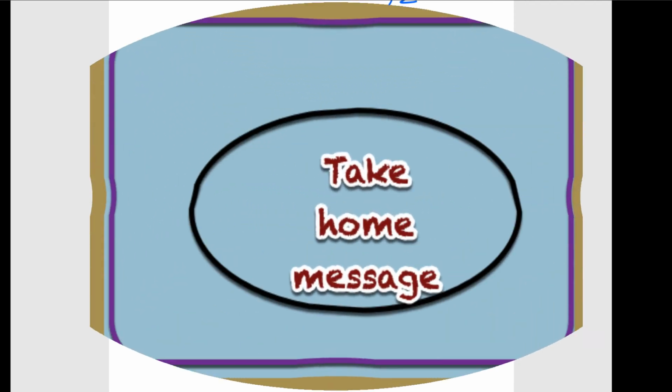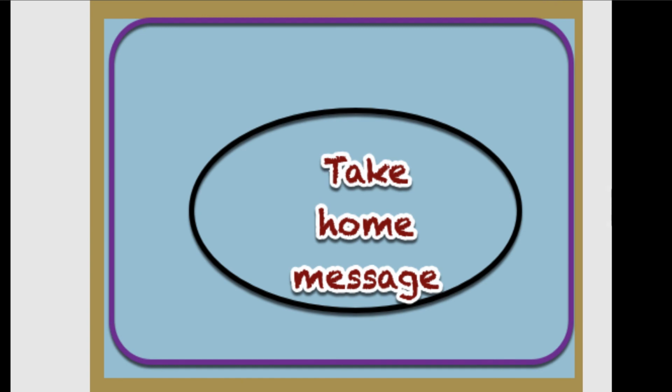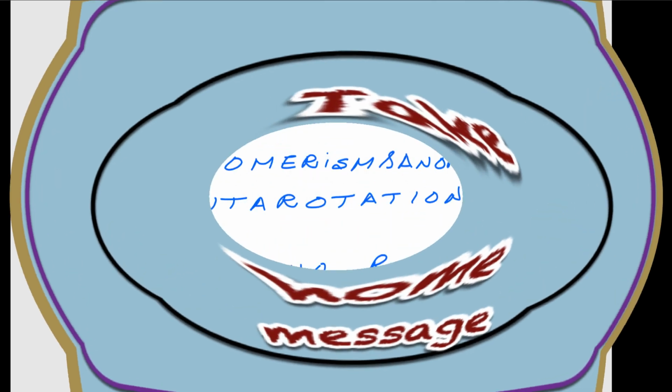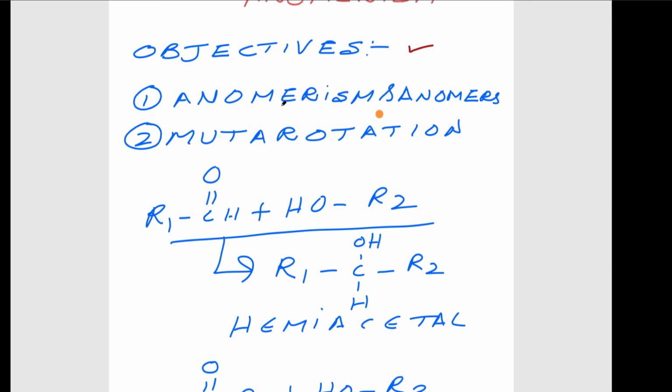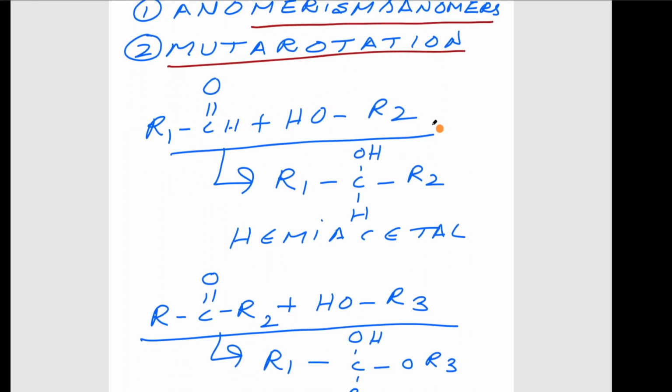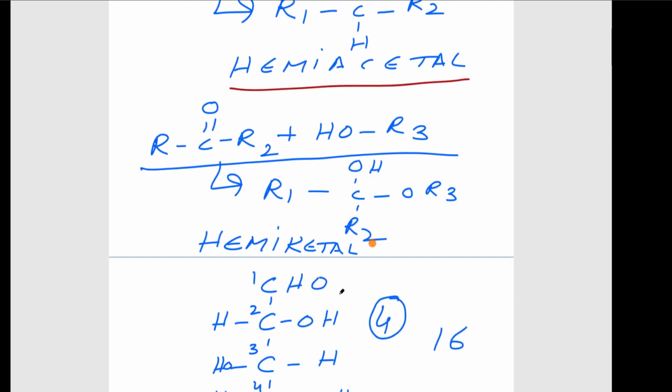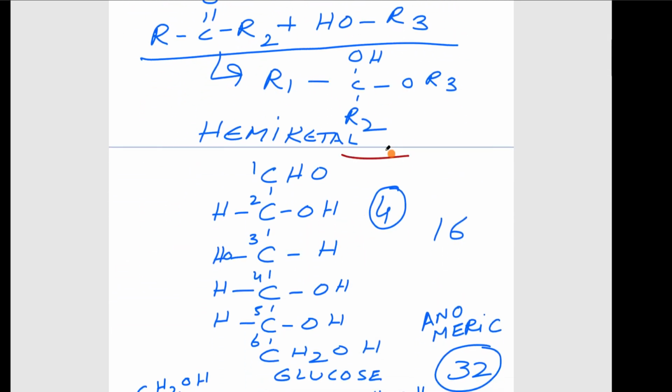Now I will summarize. In this session, I have taken up anomerism and anomers. Objectives of this session are, at the end of the session, the learner shall be able to describe anomers and anomerism and mutarotation. Before going into the anomers, we have taken up how hemiacetal or hemiketal formation has taken place.